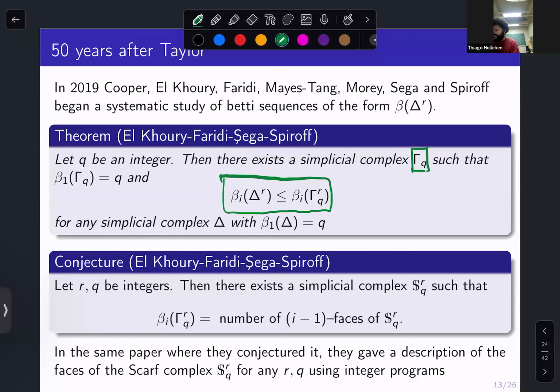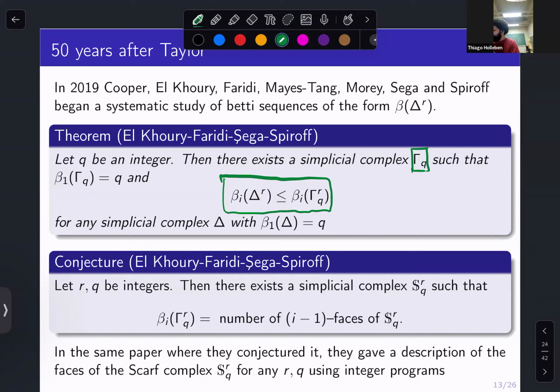Okay, and they gave a description of what gamma is. But what they didn't do, it was left as a conjecture, is what is the Betti sequence of gamma? They proved that it was an upper bound, but we didn't know what the numbers were, and we still kind of don't know. So the conjecture that they had was that the Betti sequence of any power of gamma is the f-vector of a simplicial complex.